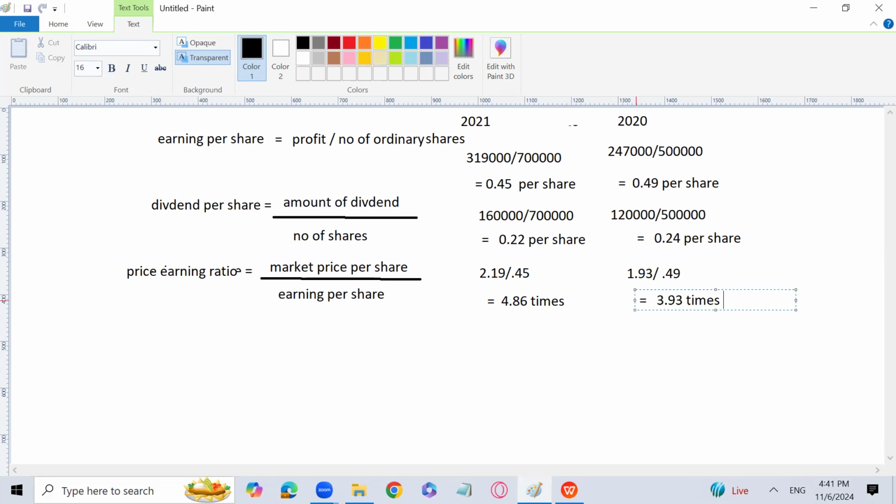It shows that maybe the company is getting less earning per share, or maybe less dividend is given to the shareholders after the trading activities of the business.